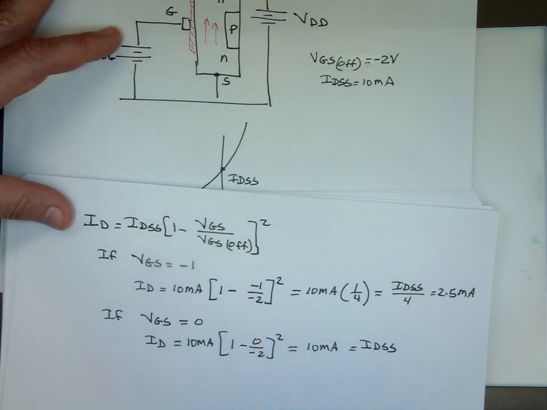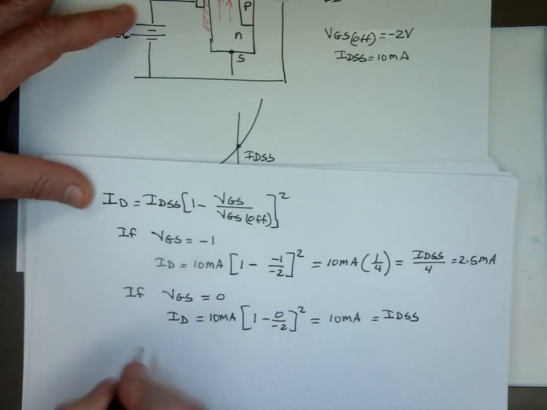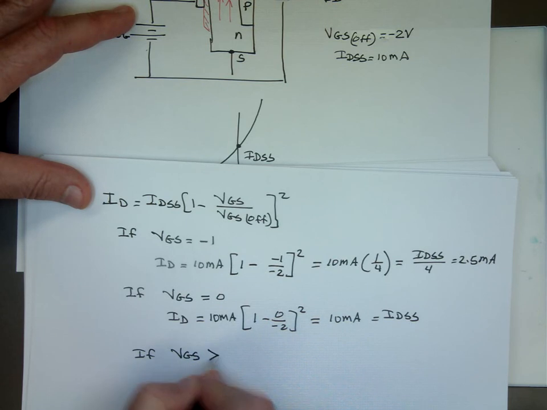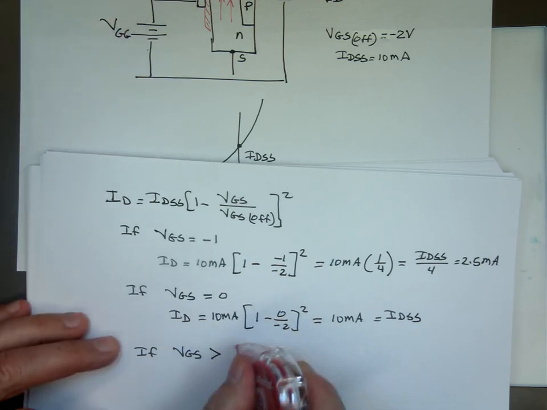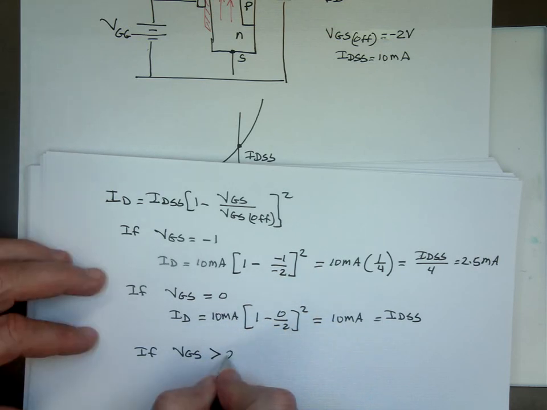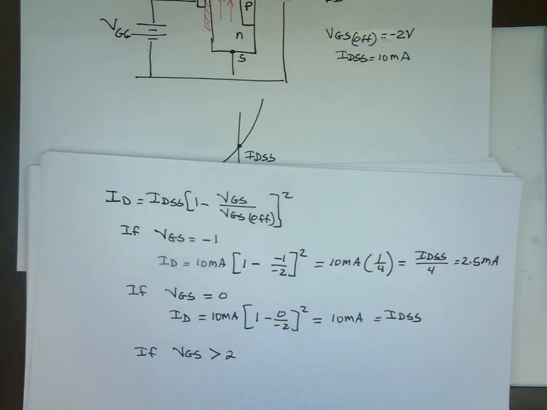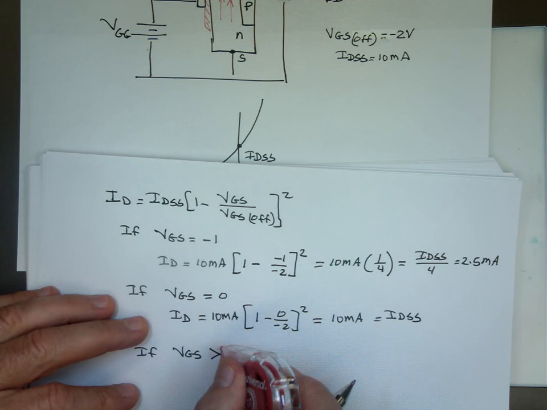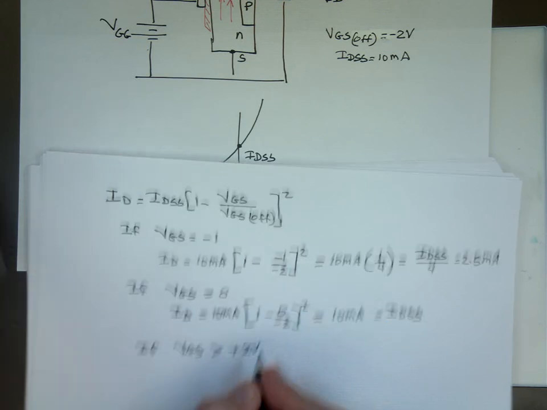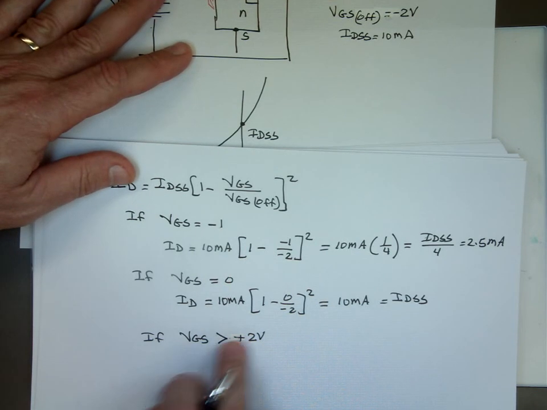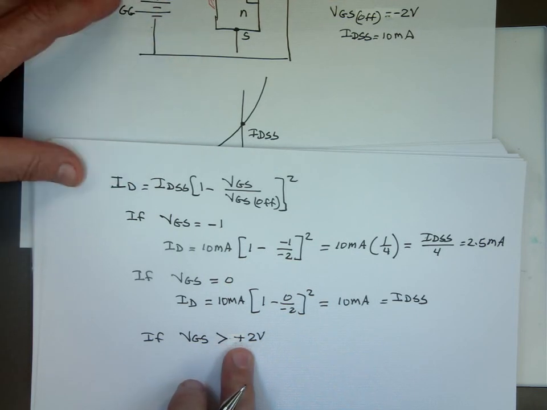And again, what will happen if VGS is now greater than 0? Let's pick a value bigger than 0, like plus 2. Let me make sure you can see the plus, because we're talking about a positive value. Again, you couldn't have that in the JFET. So let's see what will happen to I sub D here.